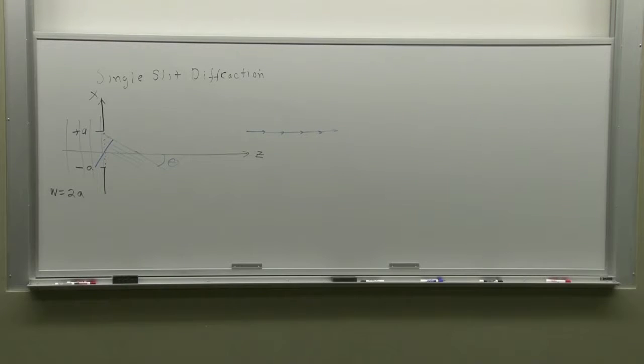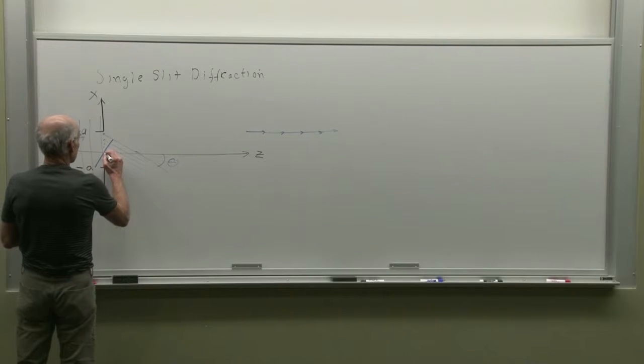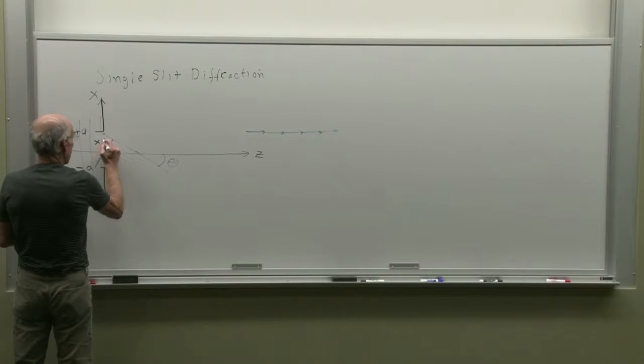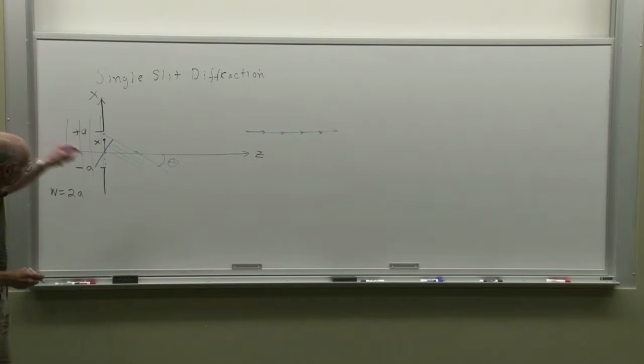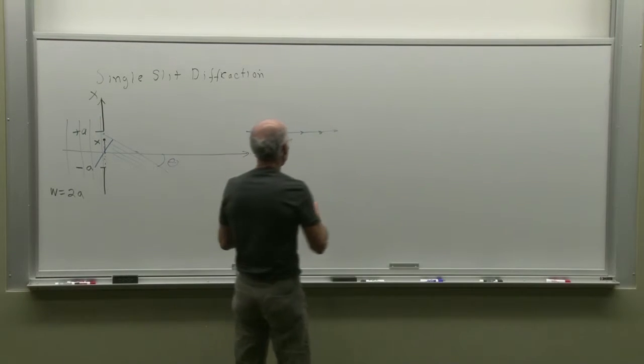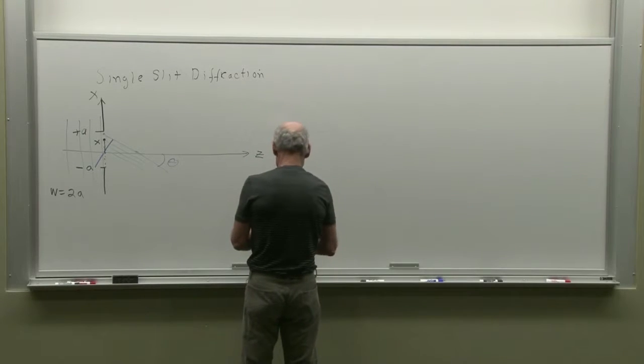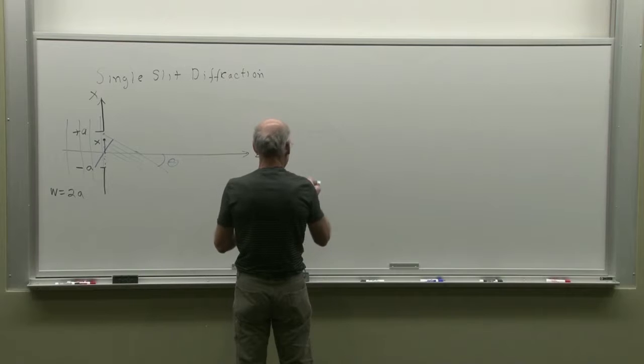All right, let's do that. Let's come up here distance x. Right. Let's look at the light that goes to the detector. Let's remember our equation for a wave. I'm going to get rid of these vectors.